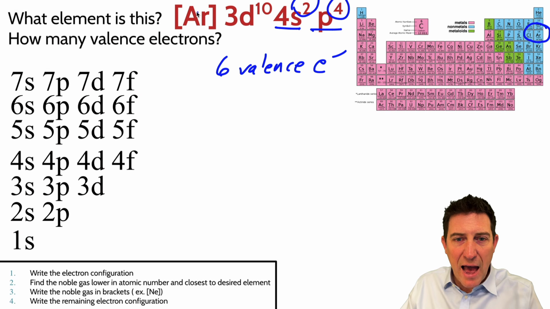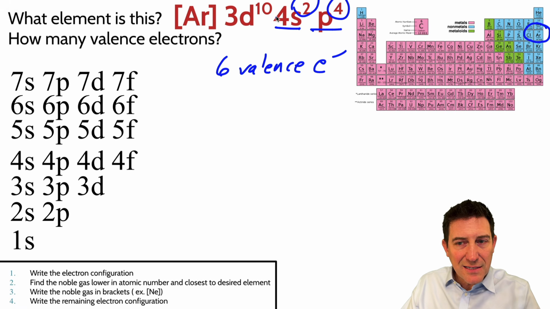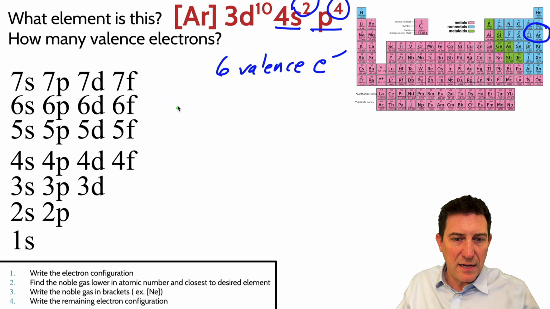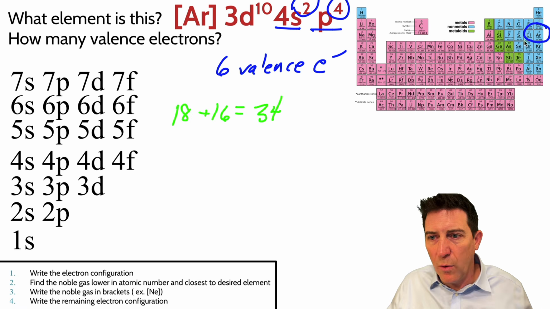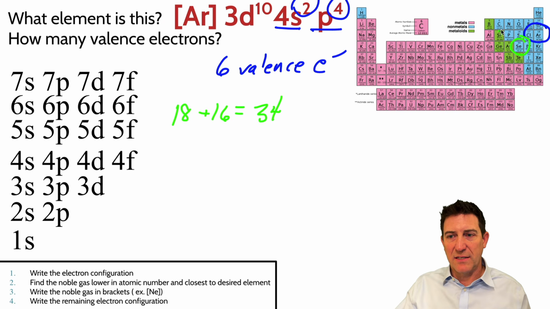And then outside of the argon, we have 10 plus 2 plus 4. That's 6 more. So that's 16 plus the 18 of argon. And 18 plus 16 equals, well, what element are we looking at then? This is selenium. And we know that selenium does have 6 valence electrons.